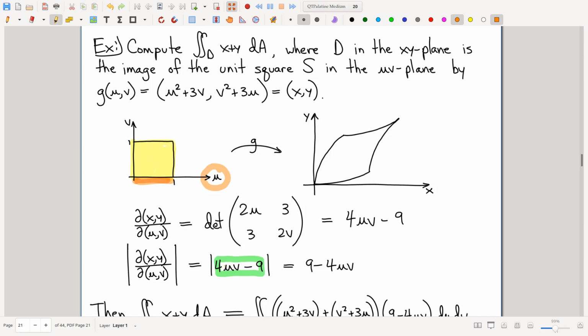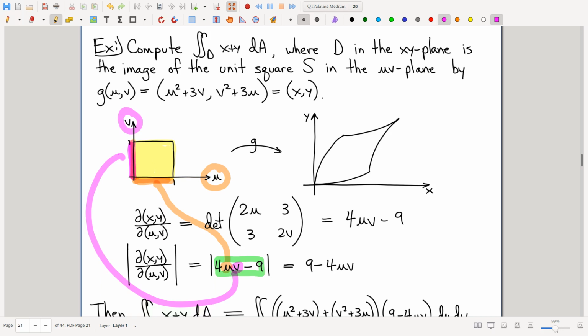U, this thing right here, is clearly always between 0 and 1, right there in the picture. Everybody see that? Okay. And then likewise, V, I can see right here in the picture. There's the V-axis. I can see right there, V, also always between 0 and 1.